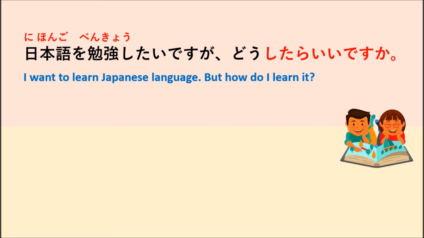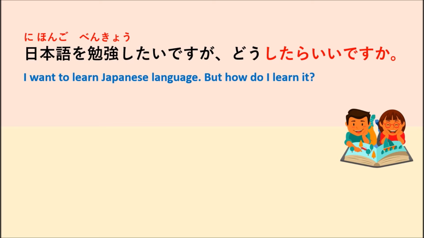Here you see they use shitara ii desu ka, which means they change the verb suru to the past tense shita, plus ra, followed by ii desu ka. So you can say doshitara ii desu ka, which means how do I do, or how do I learn the Japanese language? That means you ask your friends to advise you on learning Japanese. If you're a beginner and don't know how to learn, you can use doshitara ii desu ka.